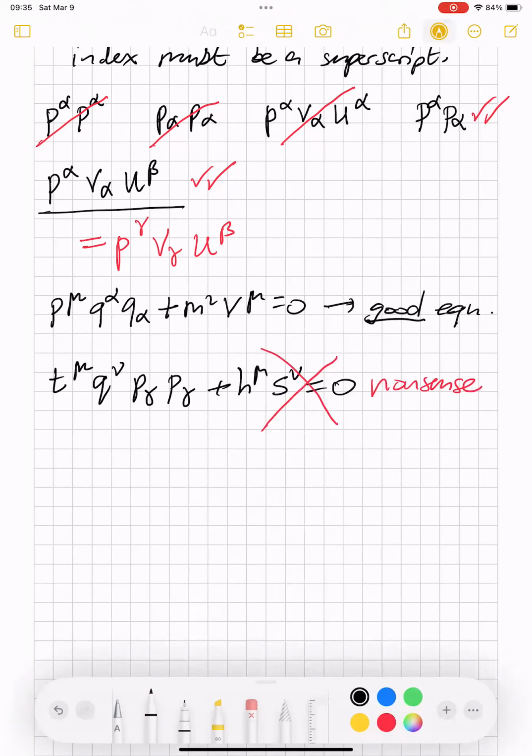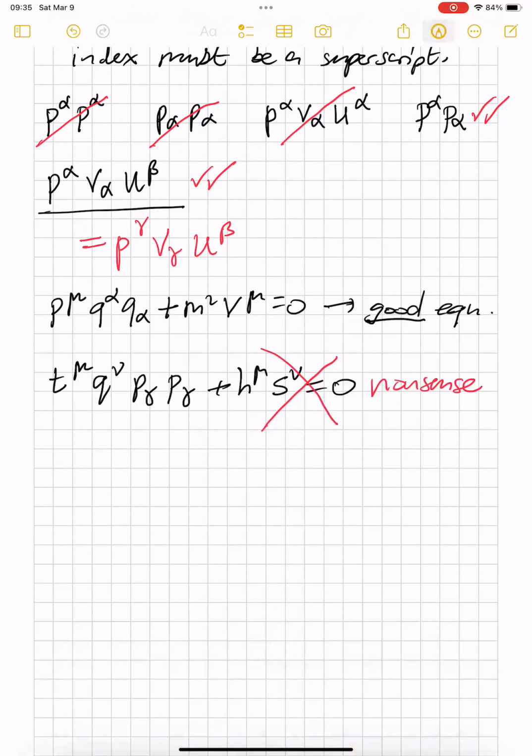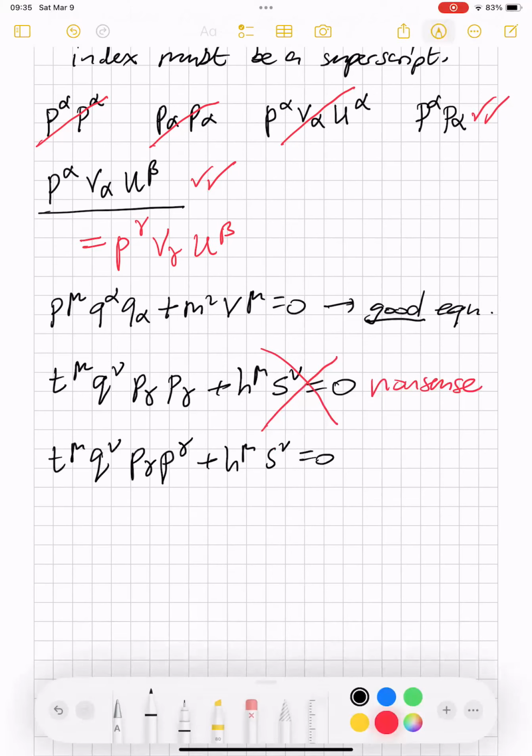Both of those indices are down. If, by contrast, I had T mu up, Q nu up, P gamma down, P gamma up, plus H mu up, S nu up equal to 0, this would be a good equation. Good equation means it would be the same in all different Lorentz frames.